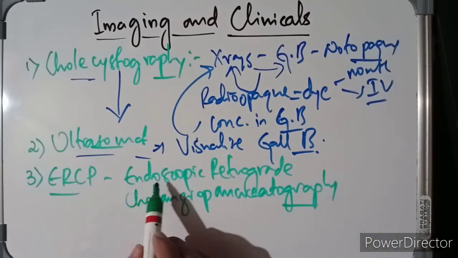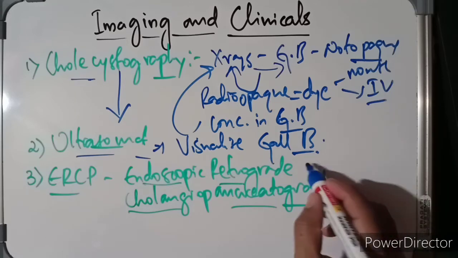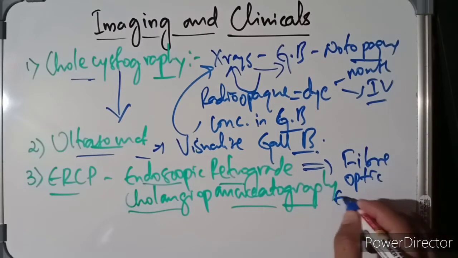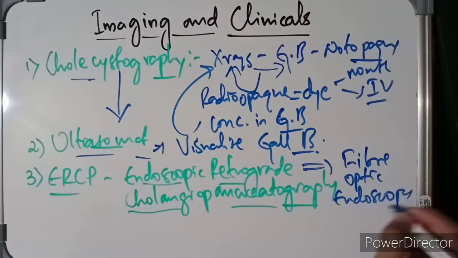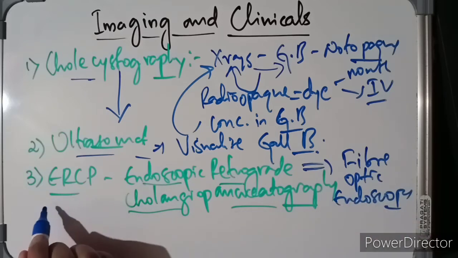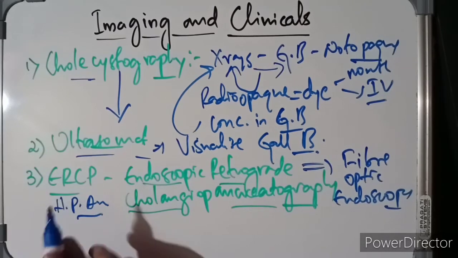In this technique, under direct vision through a fiber optic endoscope, a catheter is inserted into the hepatopancreatic ampulla, and then the radio opaque contrast medium is injected, and the bile and pancreatic ducts are visualized.